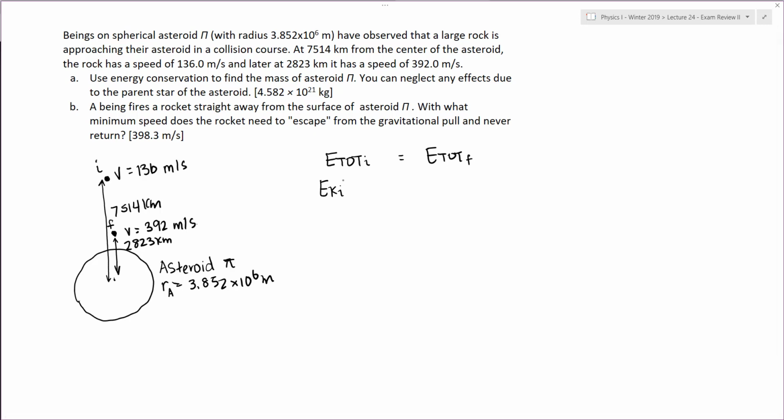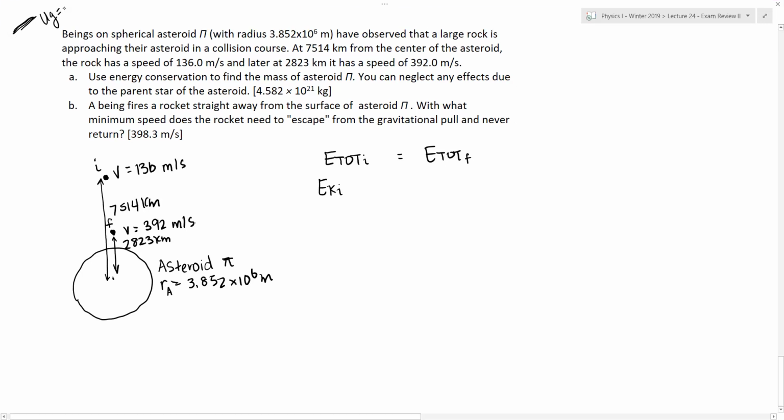Since we're not near the surface of the Earth, though, we can't use the simple formula for gravitational potential energy, mgh. We need to use the long formula. And remember, for that long formula, the one that's negative G m1 m2 over r, the reference position is infinitely far away. That is when the gravitational potential energy is equal to 0.